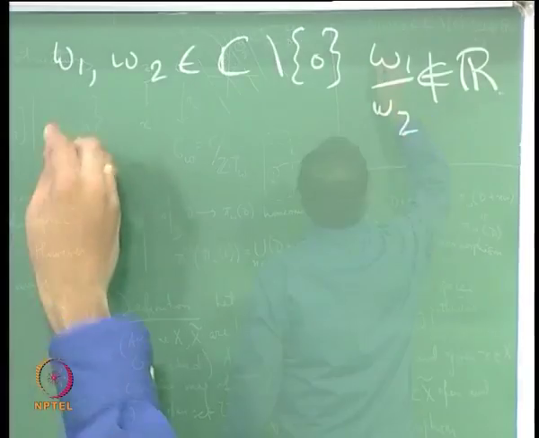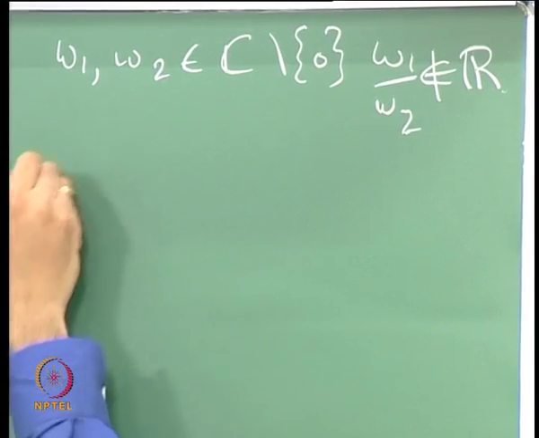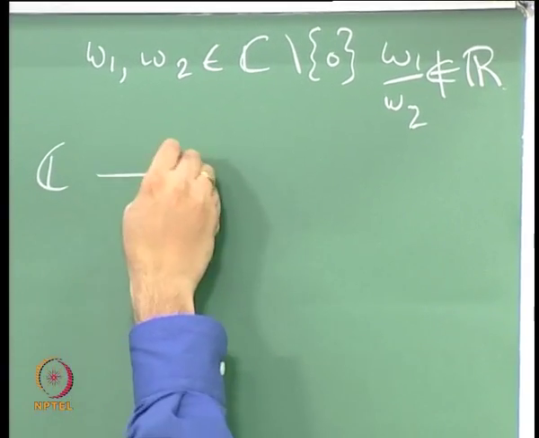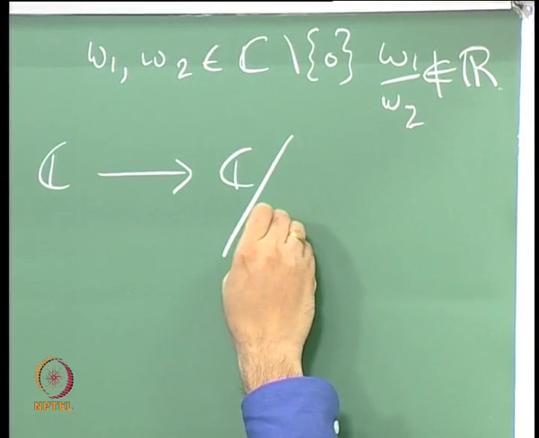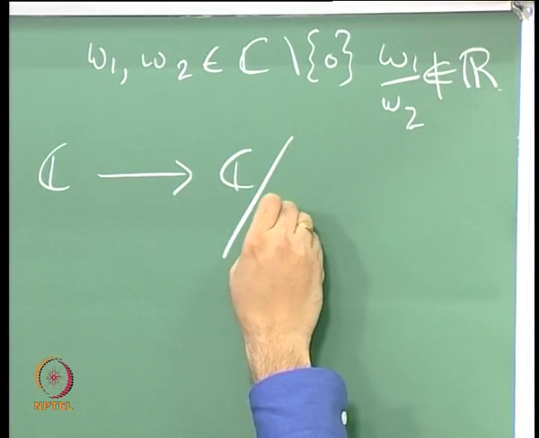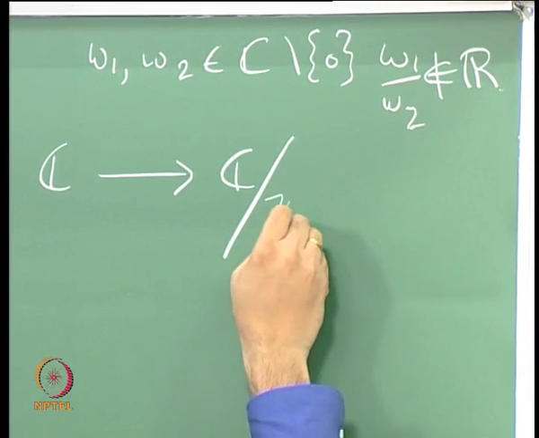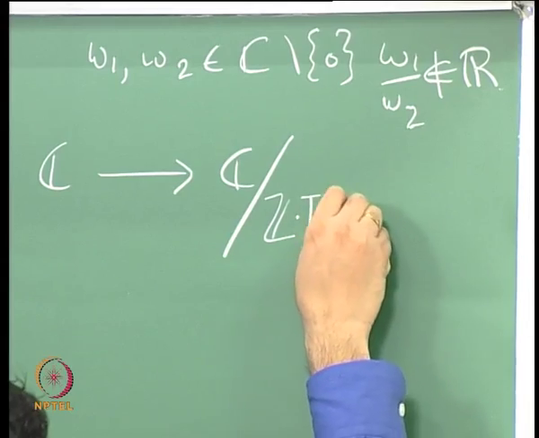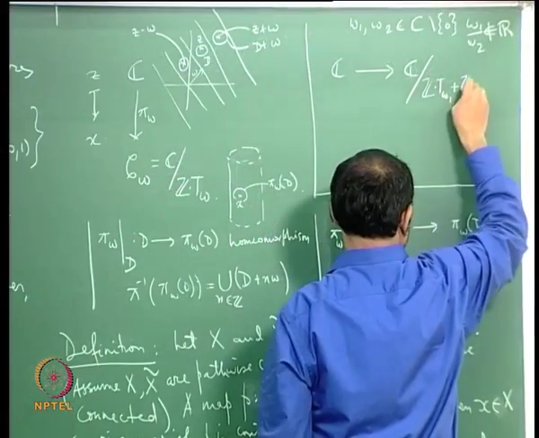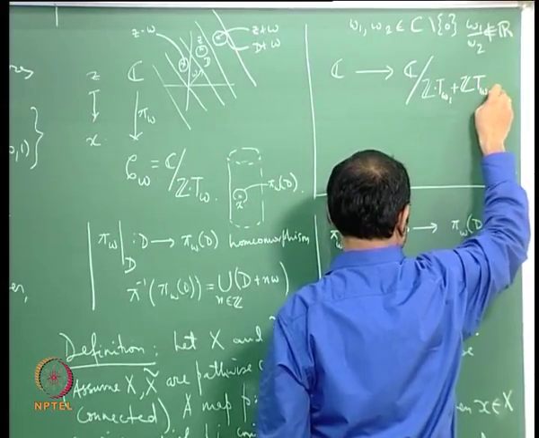Okay, and then you have this map from C to C modulo the group which consists of translation by integer multiples of omega 1 plus translation by integer multiples of omega 2.